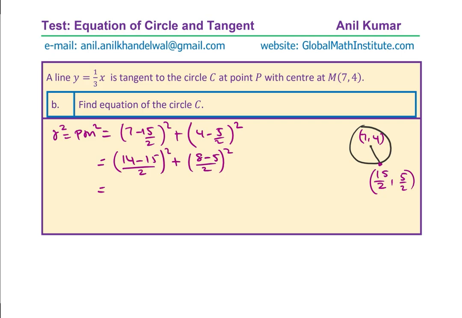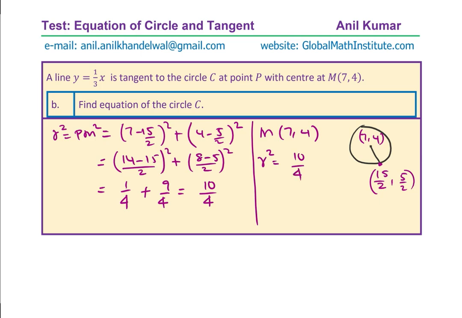That gives you half, and half square is 1 over 4. And this gives you 3 over 2, and 3 square is 9, so 9 over 4. Together it is 10 over 4. So the square of the radius is 10 over 4. We know that the center M is given to us as 7 and 4, and the radius square is 10 over 4.